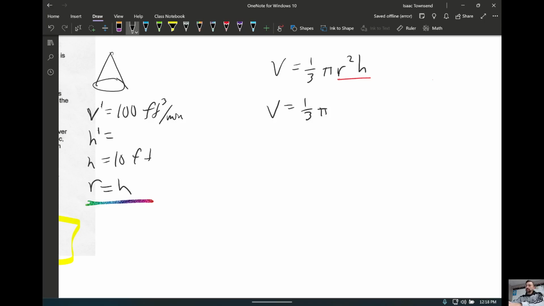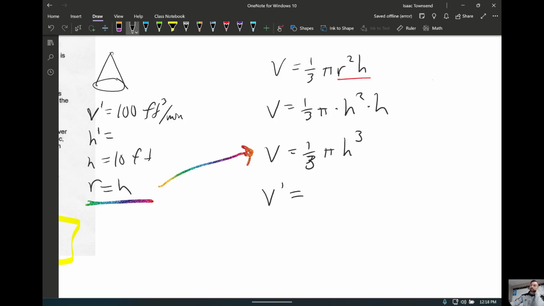In this case, instead of plugging in r for h, I should be plugging in h for r. So because of this, I can rewrite this as 1/3 pi h cubed before I do the derivative.